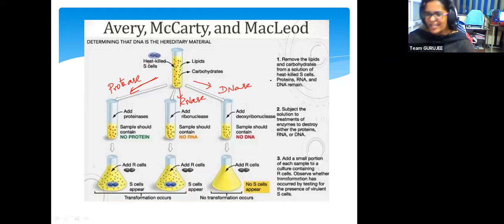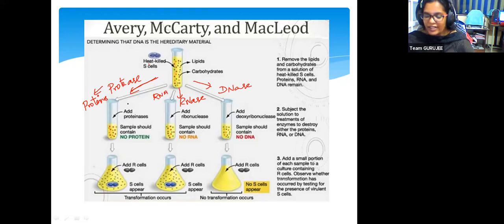These are the enzymes: protease, RNase, DNase. The role of protease is that it breaks down proteins. The role of RNase is that it breaks down RNA.